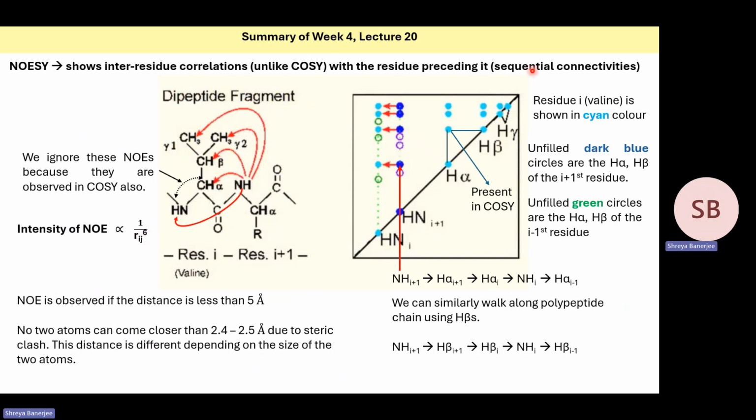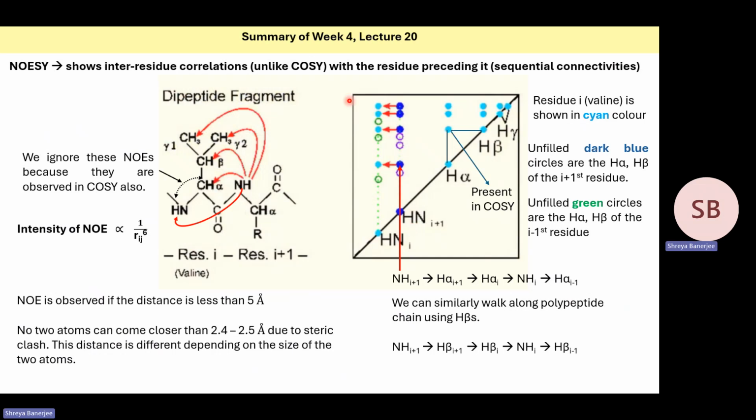So what do we mean when we say sequential connectivities? Let us imagine we are starting from NH of I plus 1. Basically these light blue or cyan colored residues are the residue I or valine, and these dark blue residues are the residue I plus 1.